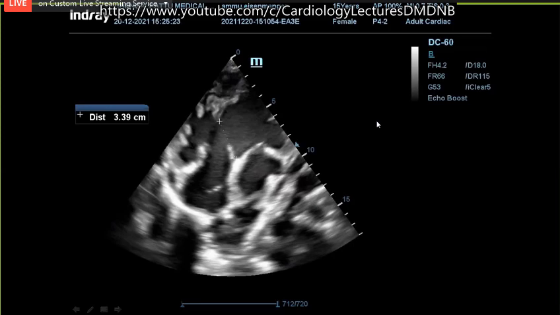Is there any point in reducing the pulmonary artery pressure? Is there any point in reducing the RV pressure?